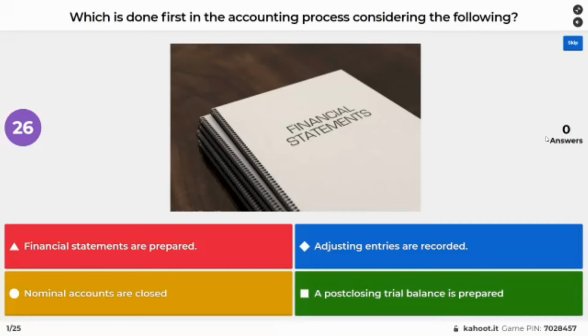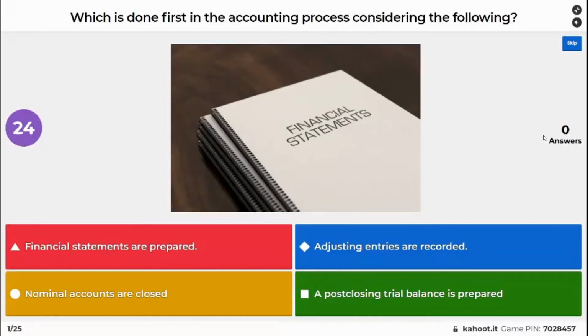Which is done first in the accounting process considering the following.